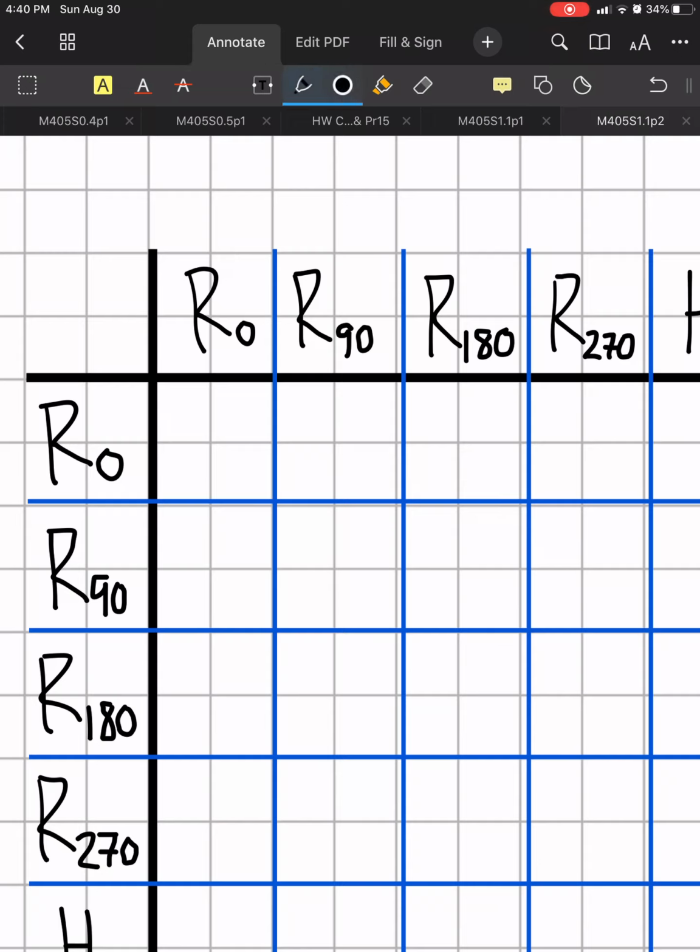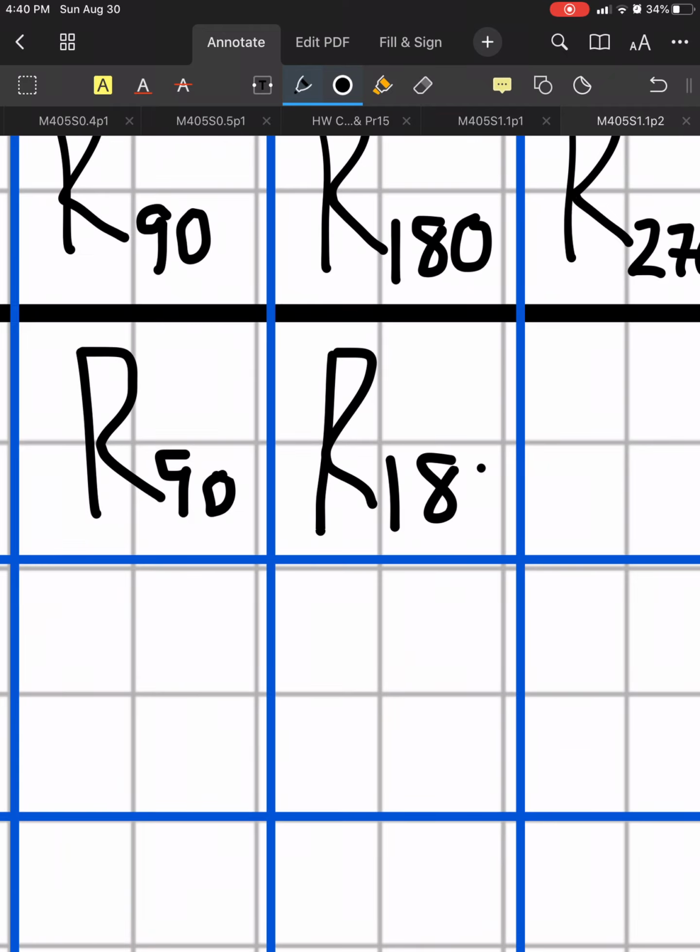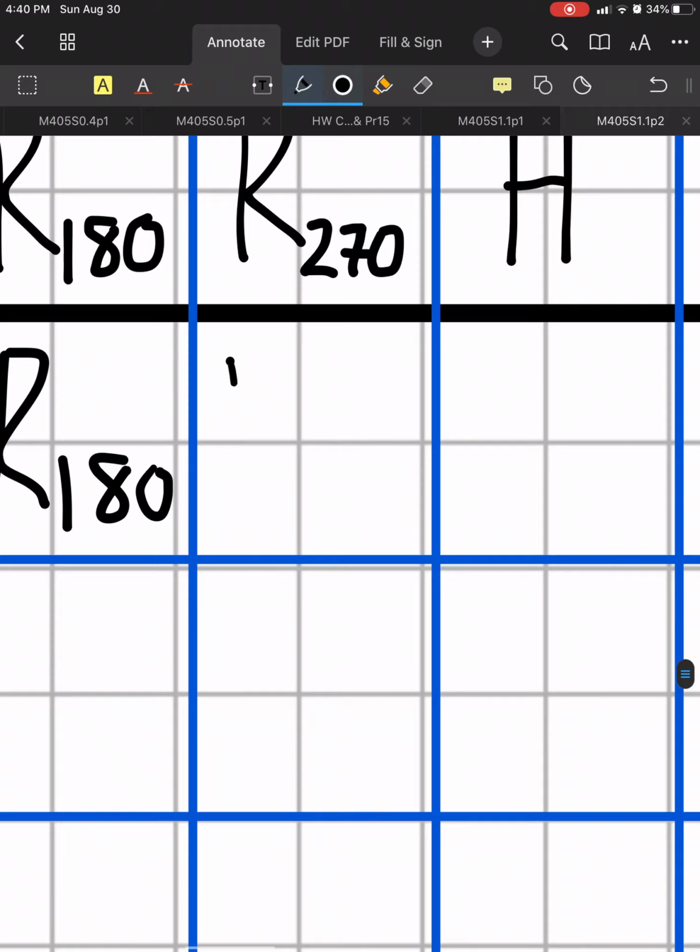Okay, so if you're back, R0 doesn't change anything, whether we do it first or last. And in fact, we'll be able to help ourselves out a little bit there, even more when we're done. So R270, and same way down the side.